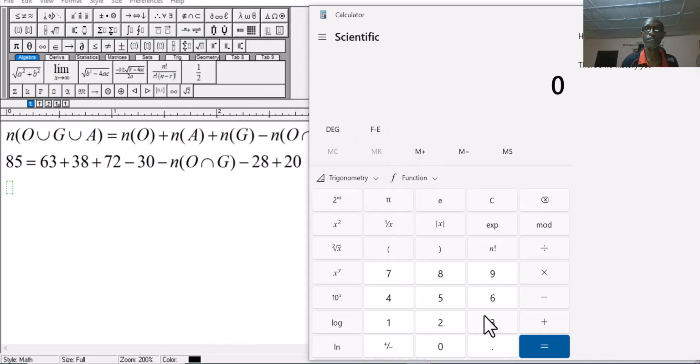So we have 63 plus 38 plus 72 minus 30 minus 28 plus 20.